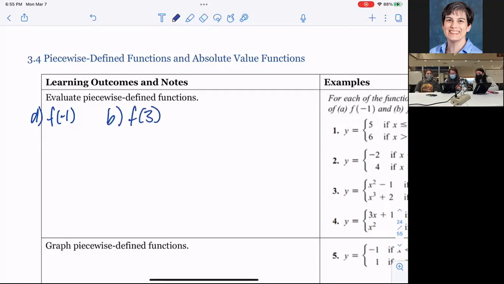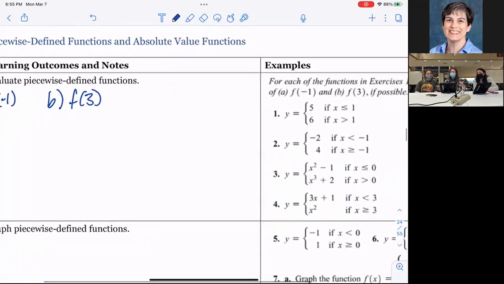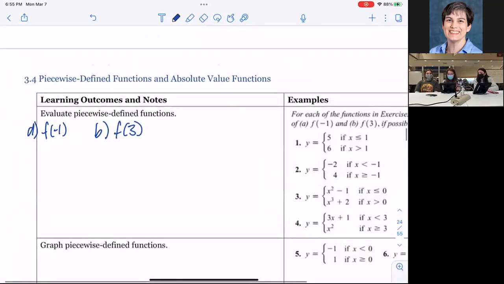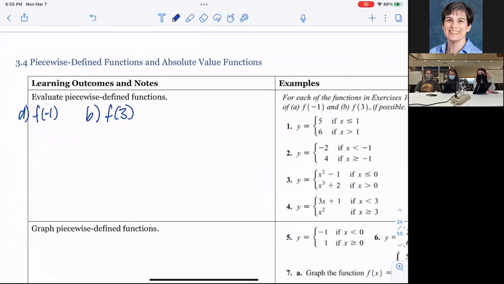Yeah, so the trick to this is finding out which equation you plug it into, right? Looking at f of -1, it says if x is less than 3, or if x is greater than or equal to 3. I know that -1 is not greater than or equal to 3, so I'm just gonna plug it into this one. 3 times -1 plus 1 gives me -3 plus 1, and that's -2. So f of -1 is -2.